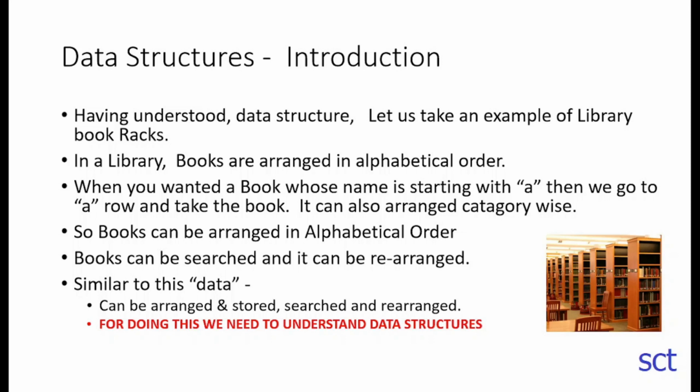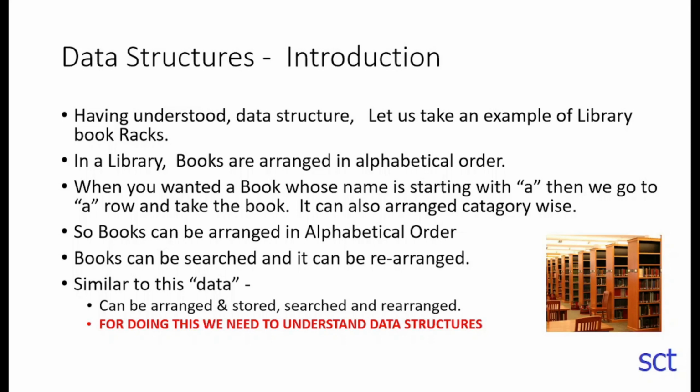It can also be arranged category wise. For example, you can categorize books as sports books, mathematical books, or biological books. Based on the category, you can go to the particular rack, search for a book and take it.